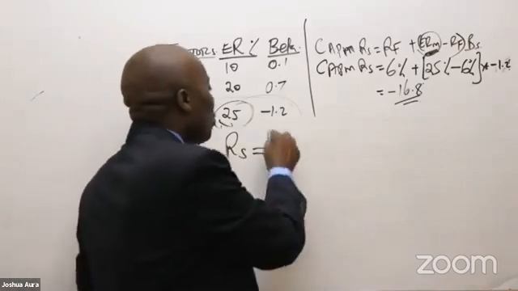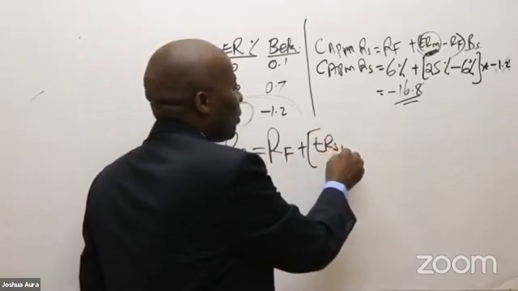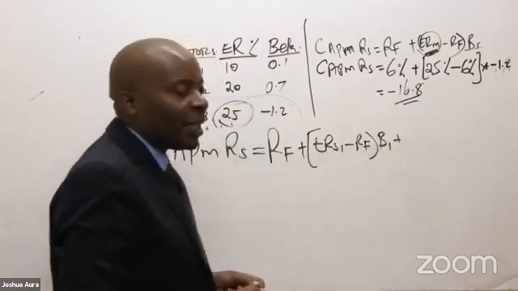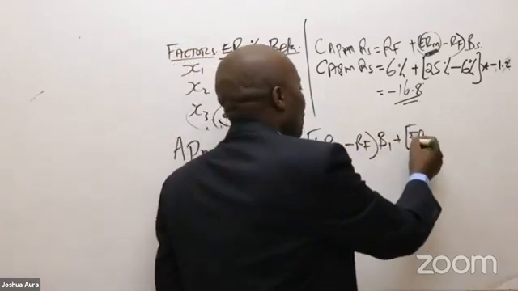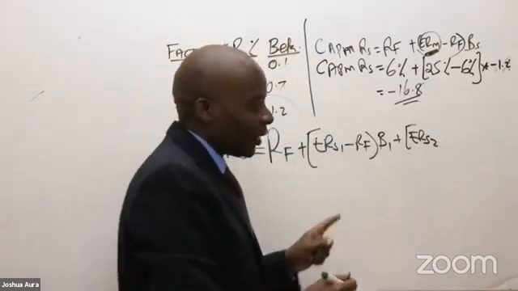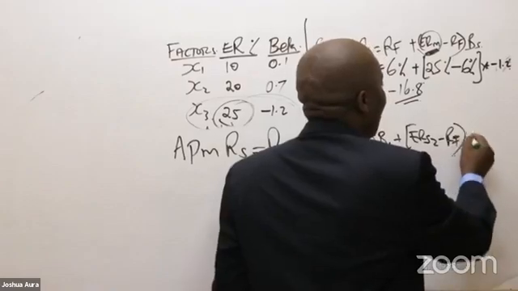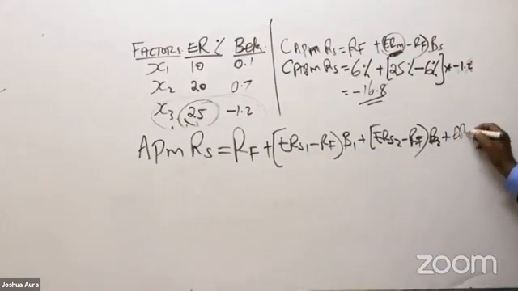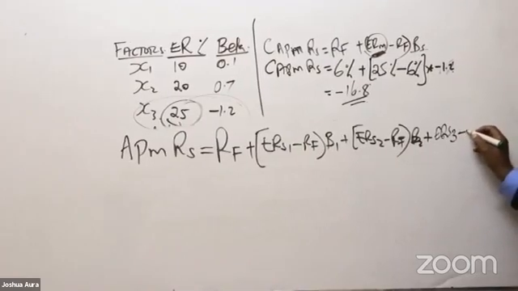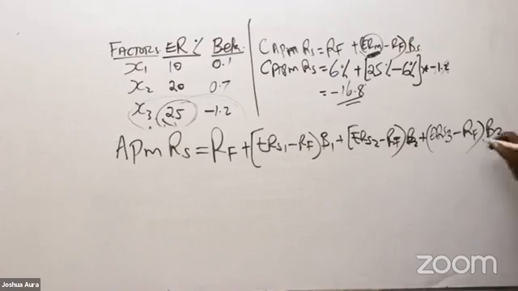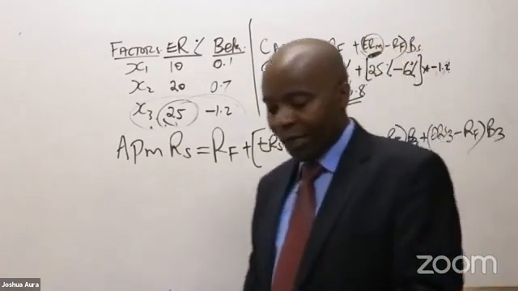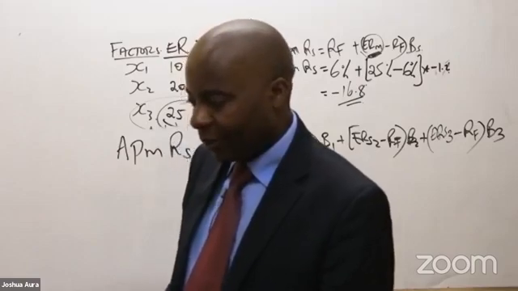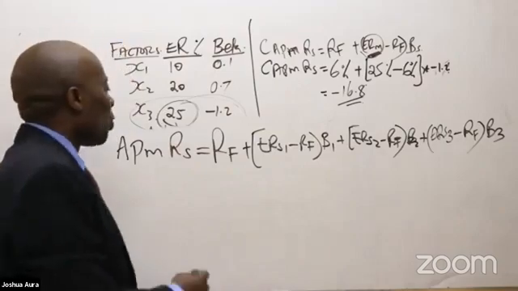So APM returns will be equal to risk-free plus the expected return of the security given factor 1 minus risk-free multiplied by beta 1, plus expected returns of my security given factor 2 minus risk-free multiplied by beta 2, plus expected returns of the security given factor 3 minus risk-free multiplied by beta 3.